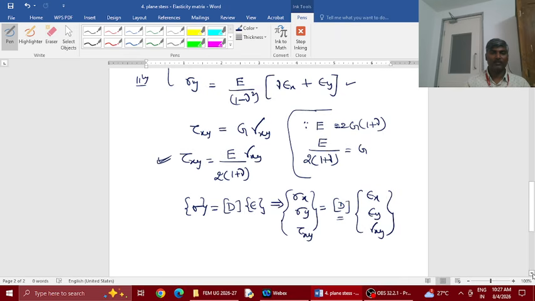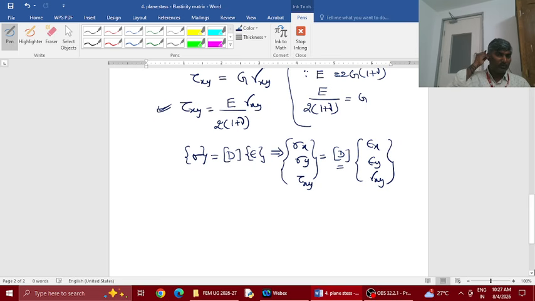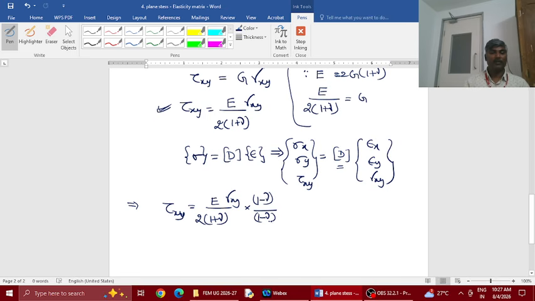To rearrange tau xy, E by 2 into 1 plus nu times gamma xy, I need the 1 minus nu square term. So I'll multiply by 1 minus nu divided by 1 minus nu.